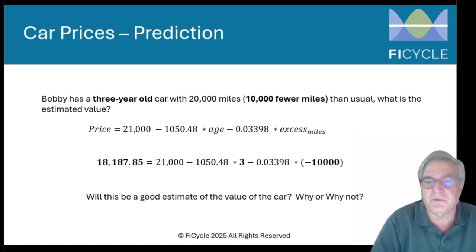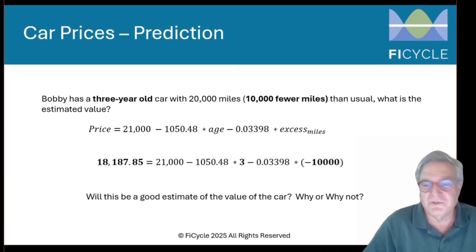Well, first, remember that the model wasn't perfect, that we had some error. And two, we really don't know anything else about this car other than its age and the number of miles. Perhaps the car was in an accident, it has some dents on it, and that could reduce the value. Or perhaps Bobby has recently repainted the car and it looks very attractive and someone's willing to pay extra for the car.